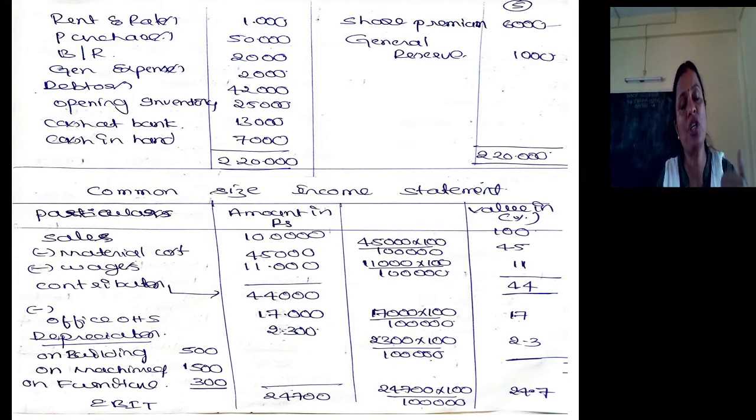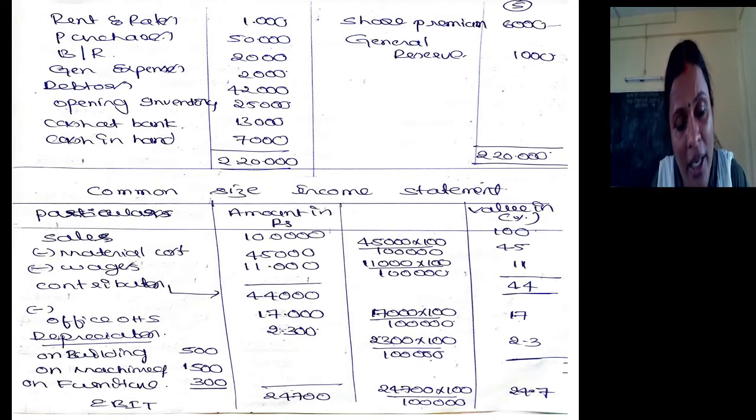So contribution minus operating expenses is operating efficiency, which is EBIT, which is 24,700. We do not have more data to calculate net profit, because we have data of sales, material, wages and other indirect operating expenses. So we can calculate only EBIT.